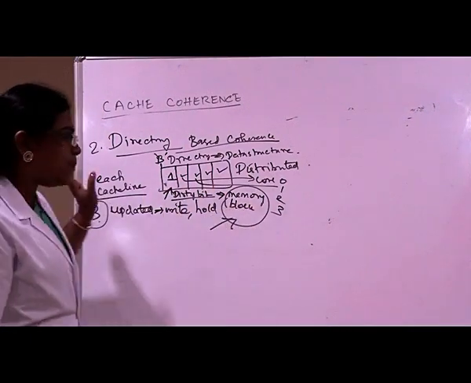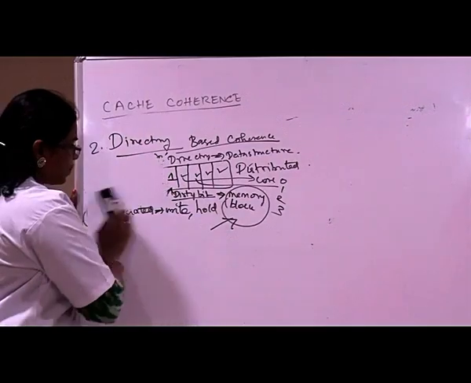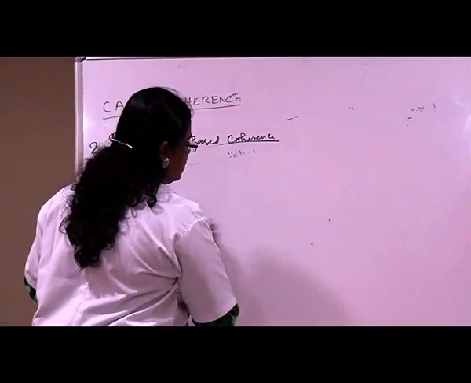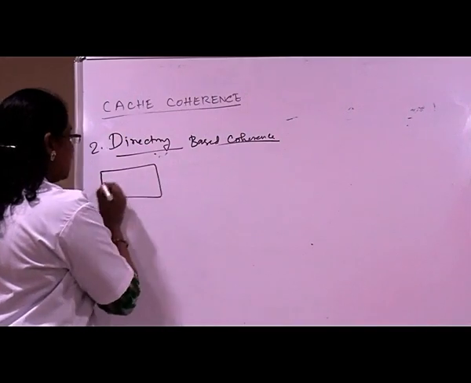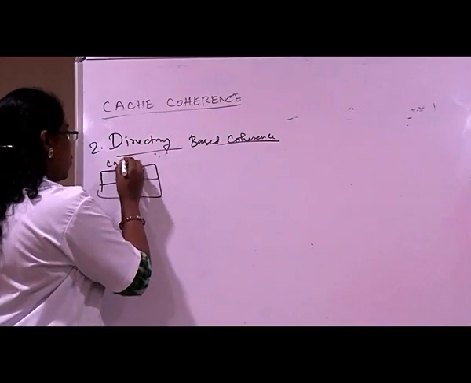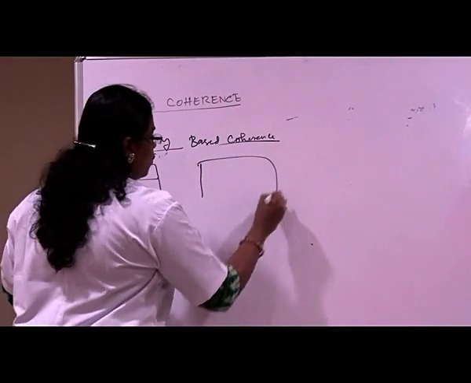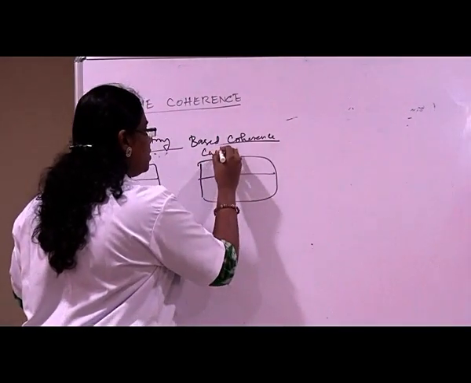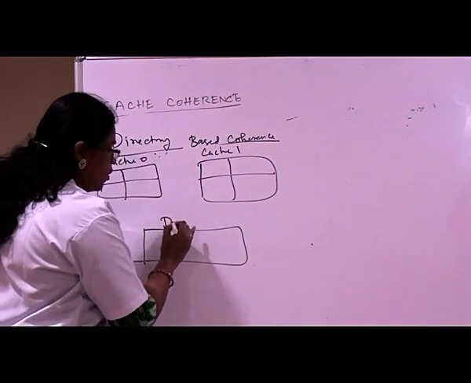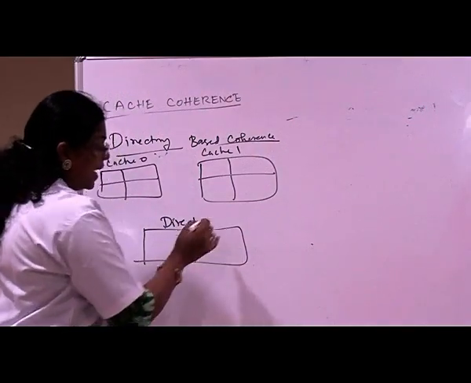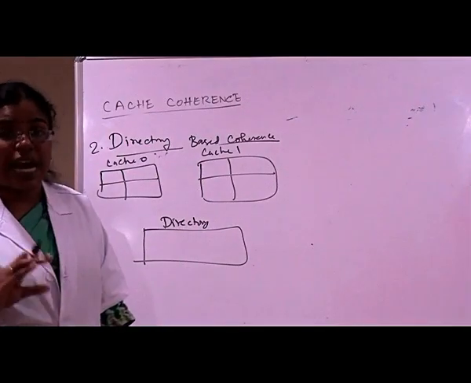Now I will explain with an example. Here I have 2 cores, core 0 and core 1, each with a cache, and this is the directory. I have told that the directory is maintained for each cache line or cache block.